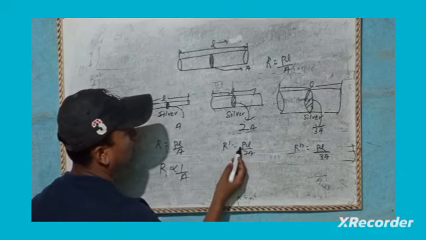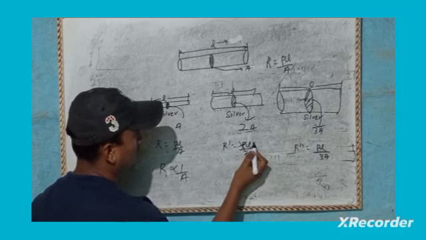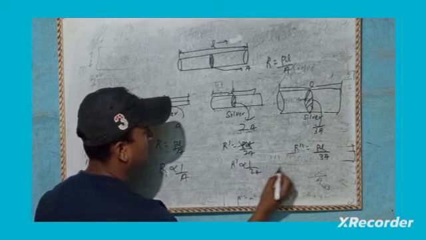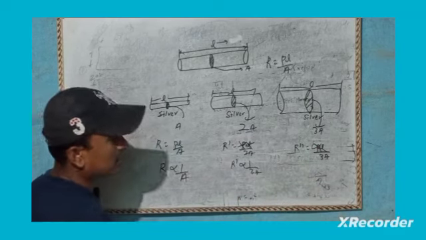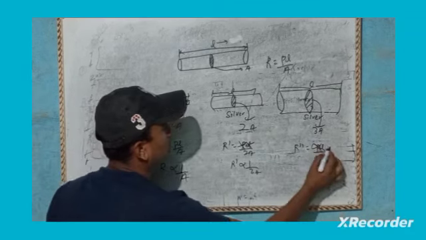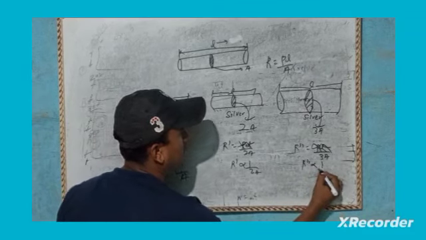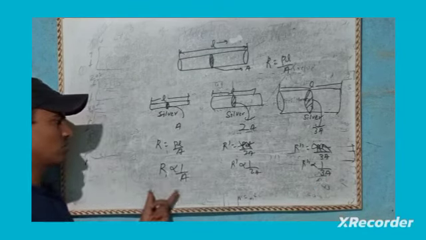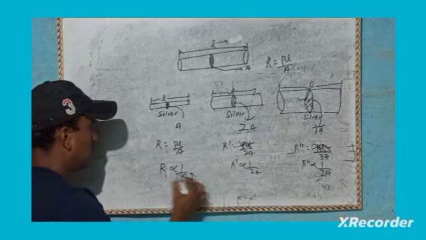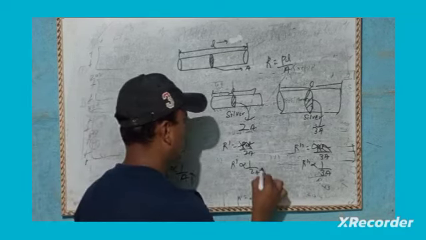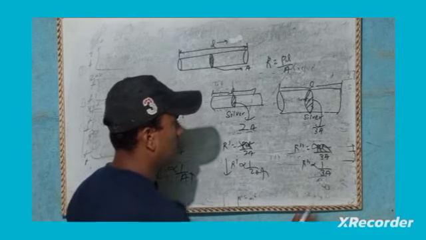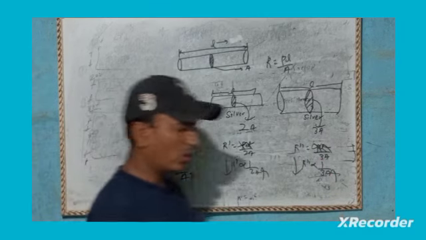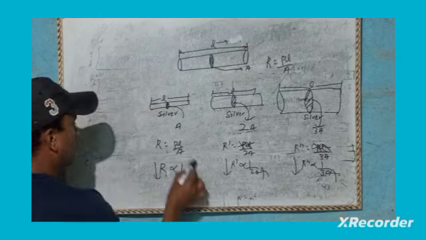Here the resistivity is constant and the length is also constant. So R dash is proportional to 1 by 2A, and R double dash is inversely proportional to 1 by 3A. If you observe, when the cross-sectional area is increased, the resistance value is decreased. Yes or no?